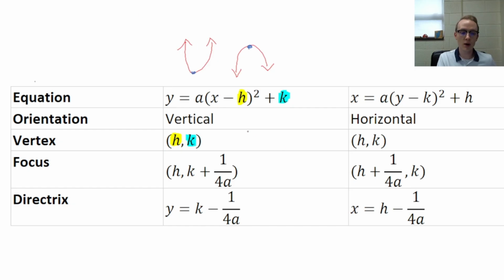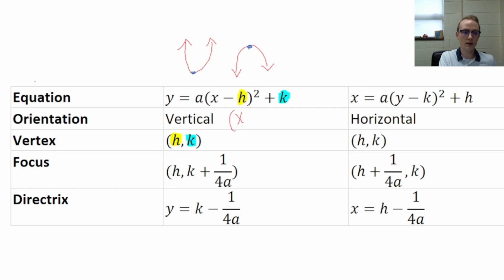Okay, so it's important to note here that the vertex form of the equation is x minus h. So if it were, let's say, x minus 3 in parentheses squared, then the x-coordinate of your vertex would be positive 3, because the general vertex form has minus h, so the minus 3 makes the x-coordinate of your vertex positive 3.